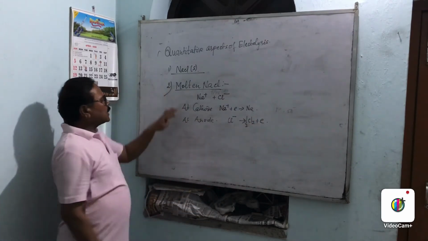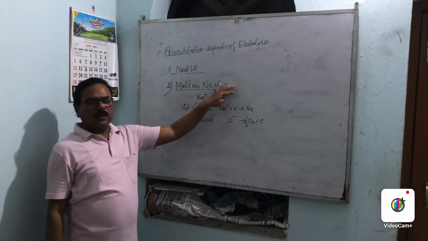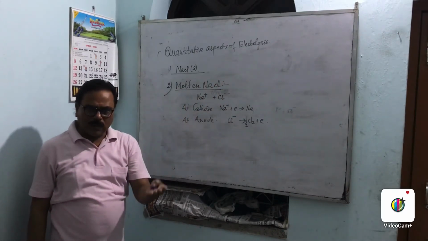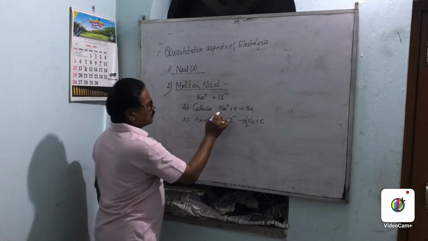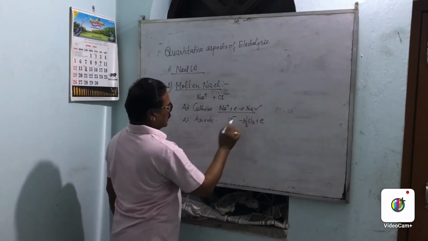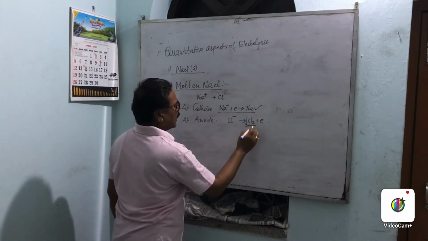So this is the product of molten NaCl when it undergoes electrolysis. So what is deposited here? Na at the cathode and chlorine at the anode.